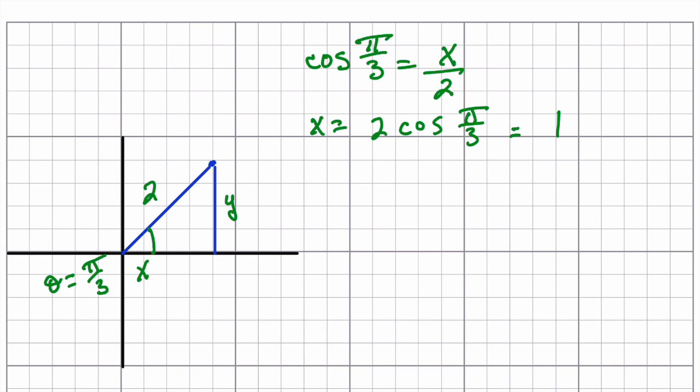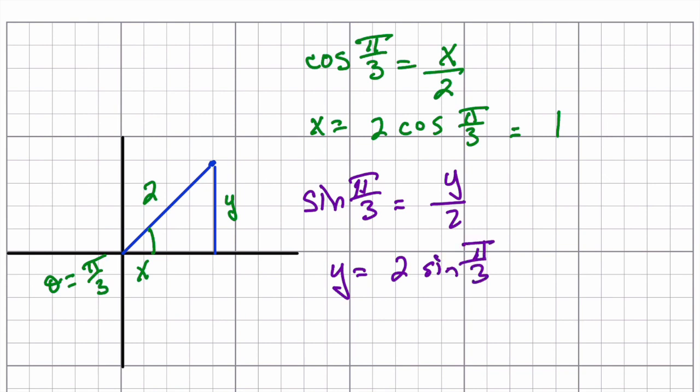All right, let's do the other one. If I take the sine, which is the opposite side, y over the hypotenuse, and if I solve for y, this is going to be 2 sine of pi thirds. The sine of pi thirds is radical 3 over 2.